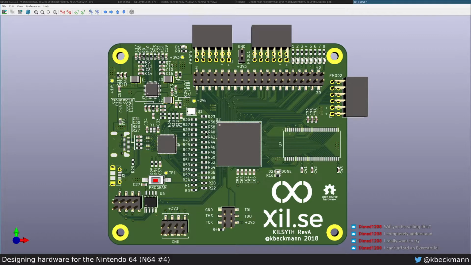So I think I get like 200 megabytes per second, which is really nice to have, but we will probably not use that today. Then here's some power stuff, and some LEDs and PMODs.